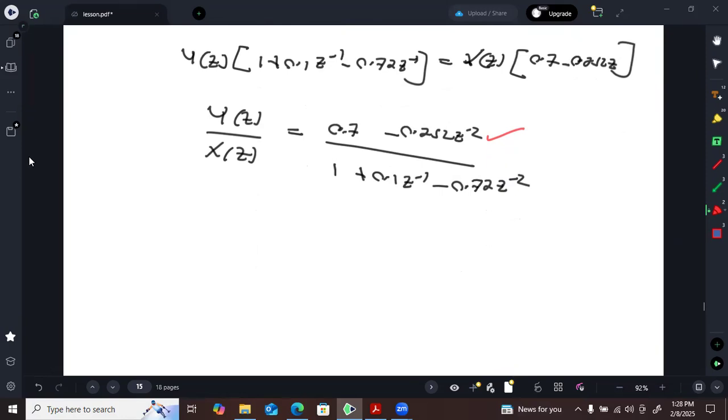Just the same way that we introduced the variable omega of n, we'll also introduce another variable, W of z.